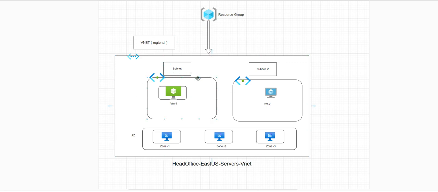As in the picture, you can see subnet 1 and then subnet 2. And inside these subnets, we can locate services like virtual machines, load balancers, various different services.